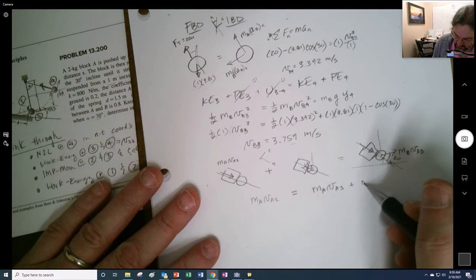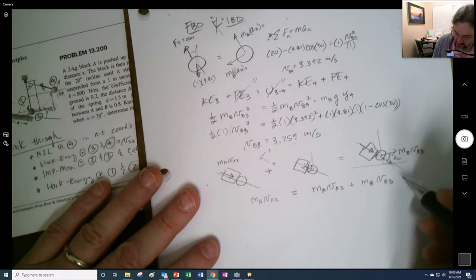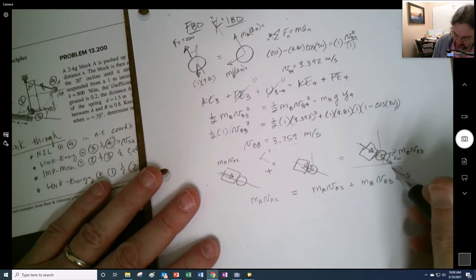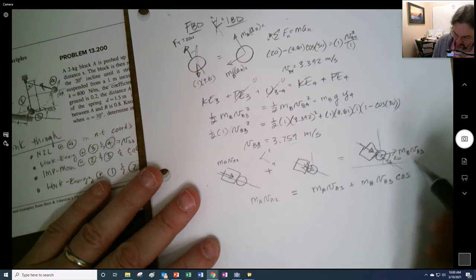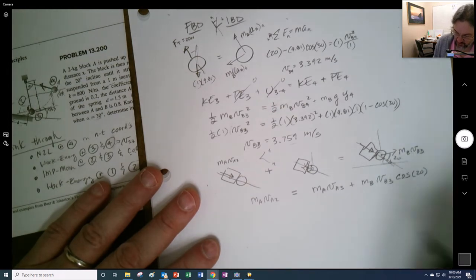And so this is going to be right here, velocity B3, but it would only be the cosine of that right here, right? Cosine of 20 degrees of that component, because that would have the component right in there.